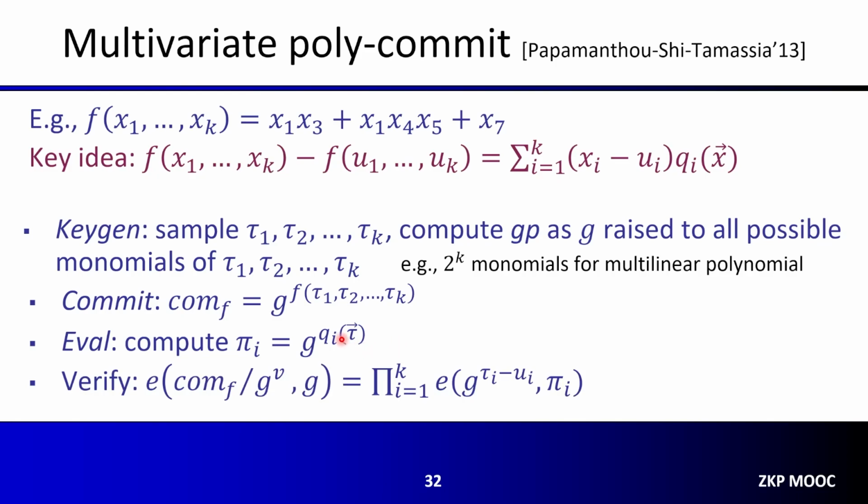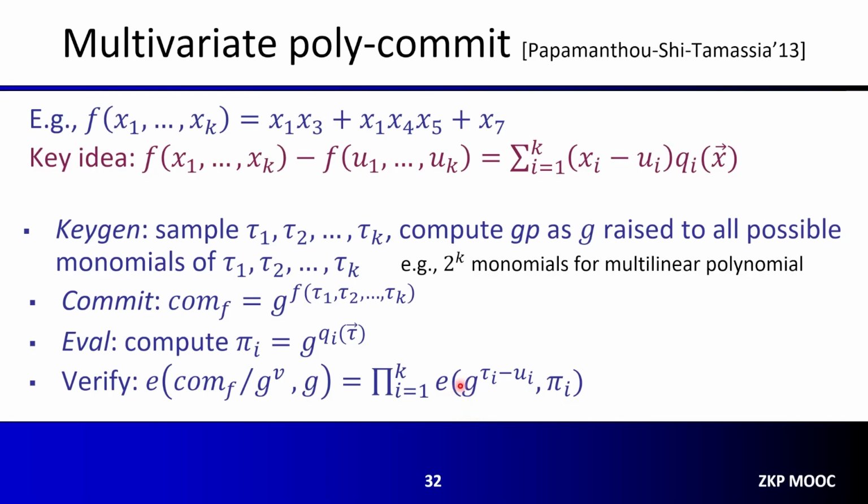And finally, to verify the correctness of this evaluation, we are again checking this equation in the exponent using bilinear pairing. The left-hand side is exactly the same as the univariate case. We are computing the pairing between the commitment divided by g to the v with the generator itself. On the right-hand side, we have multiple pairings.